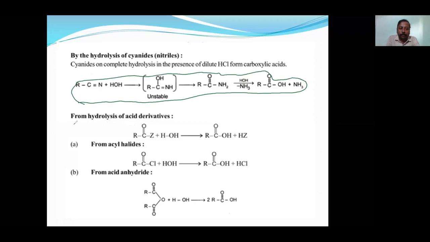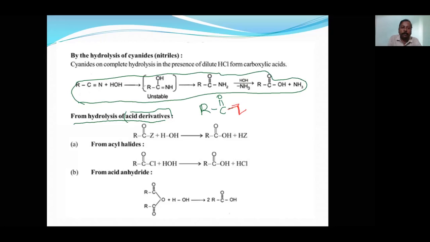Okay. So then, from hydrolysis of acid derivatives. And the best question is, what is an acid derivative, sir? Basically, acid is RCOOH. In that I will erase OH, and in that place I will write some other group.